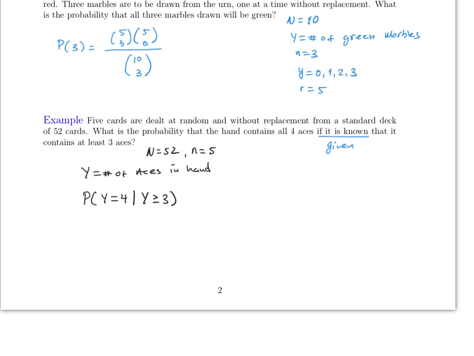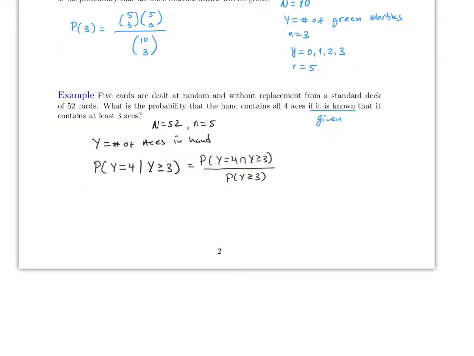So using the conditional probability formula, this will be the probability that y is equal to 4 and y is greater than or equal to 3, divided by the probability that y is greater than or equal to 3. Y equal to 4 and greater than or equal to 3 just implies y equal to 4, because that's the intersection, so it will be p of 4.